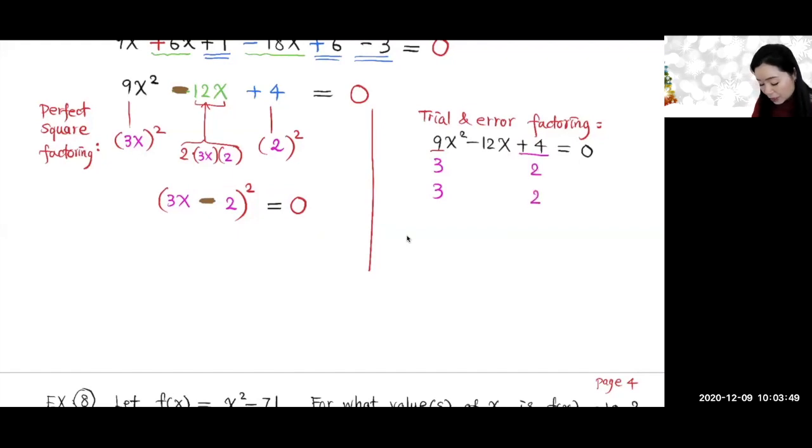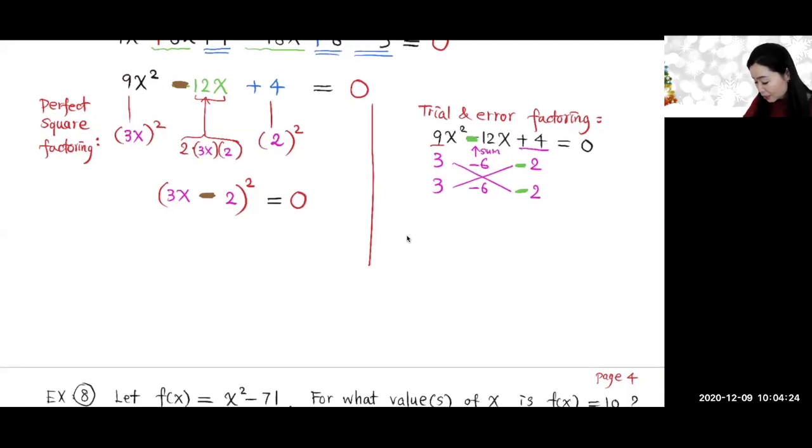However, because this is subtracting over here, it's negative. So I make both of them negatives because I want to sum up to the negative. If you cross multiply and add, again you sum up to -6 over here, and again you sum up to -12 in the middle, so that will also work.